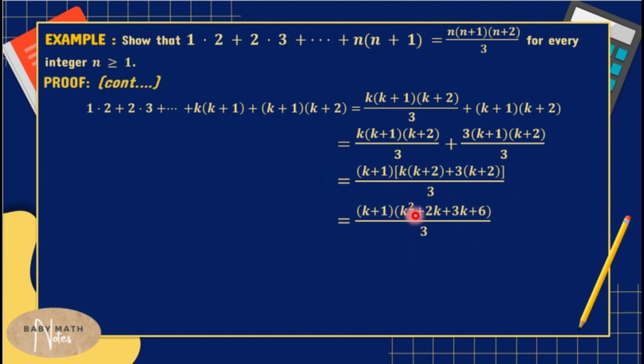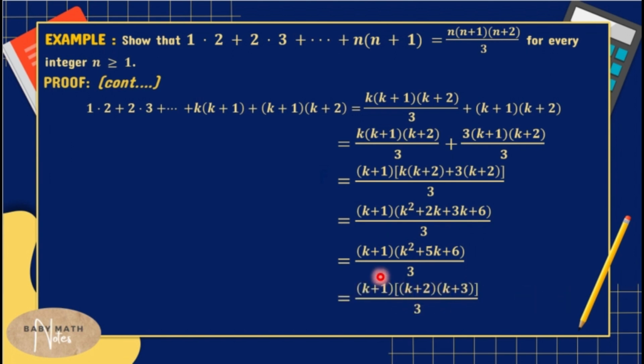Pero take note, we can still combine like terms. Ayan, pwede natin itong pagsamahin. It will become what? So, k plus 1 times k squared plus 5k plus 6. And we all know na itong quadratic expression na ito ay pwede pa nating i-factor out. Ano ba yung factors niya? So, we have k plus 2 and k plus 3. So, ito yung nakuha natin.